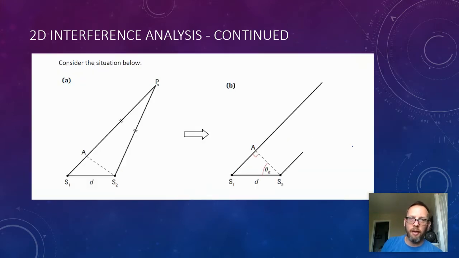So consider this setup, which is kind of the setup we had before. We have two sources, S1 and S2, with a source separation of D, and we have some nodal point, Pn. And we've just got some point A, and this A is special. A comes from taking our nodal point diagram and our path difference diagram and creating an isosceles triangle.